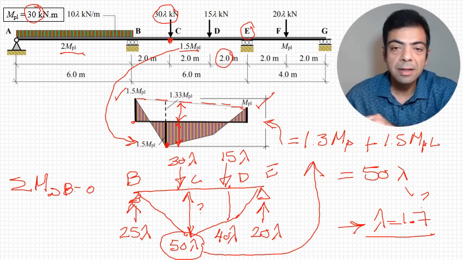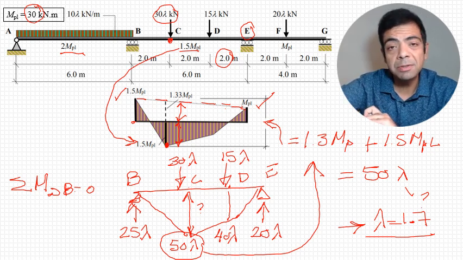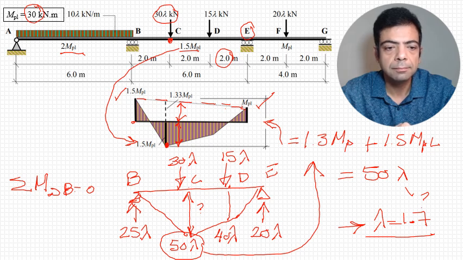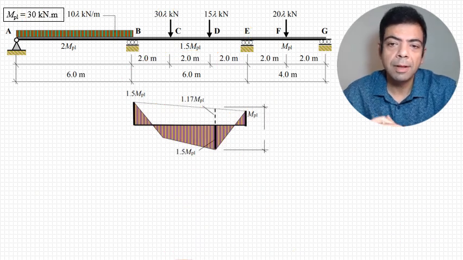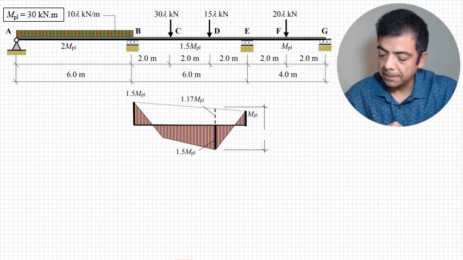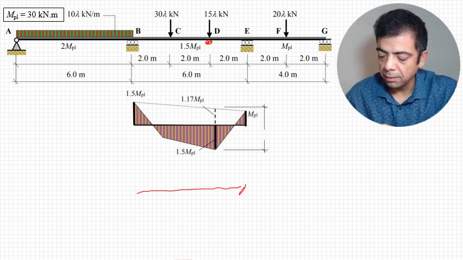Let's double check that C is the plastic hinge. We will have to go and solve the same span, but assuming that the plastic hinge is at D. We'll have to do the same thing at point D. I will recreate the simple bending moment diagram, which we got in the previous slide.